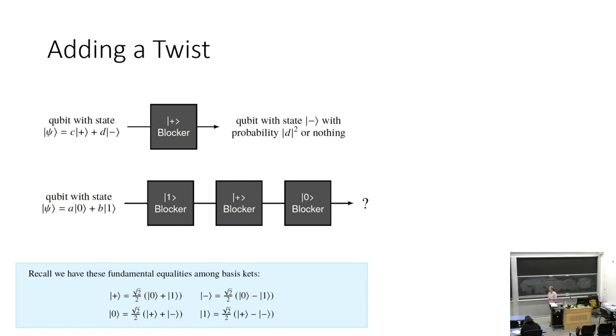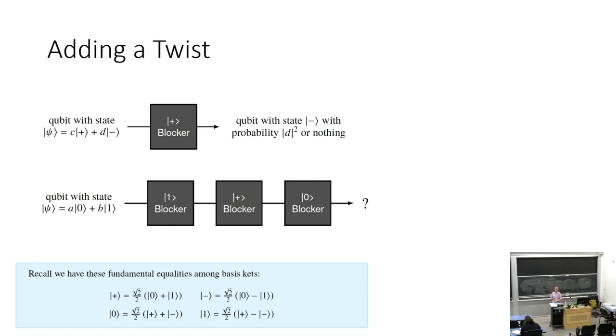And now I can run that state through my plus blocker, and with probability 0.5, I'm going to get out a minus or nothing. And if anything comes through, I'm now going to pass it through the 0 blocker. And so out the other side, with probability 0.5, I'm going to get a qubit in the 1 state.